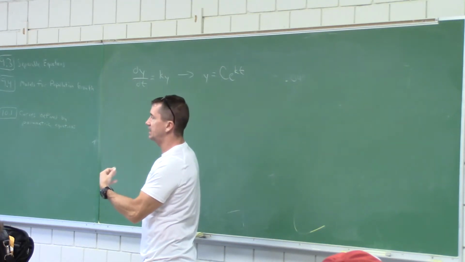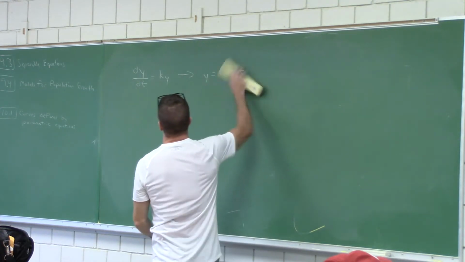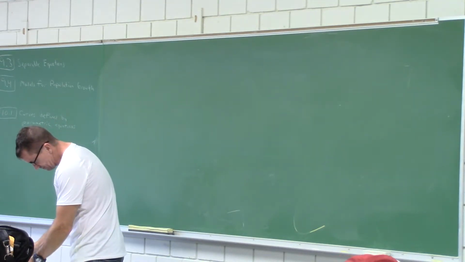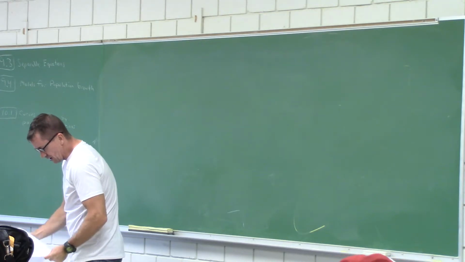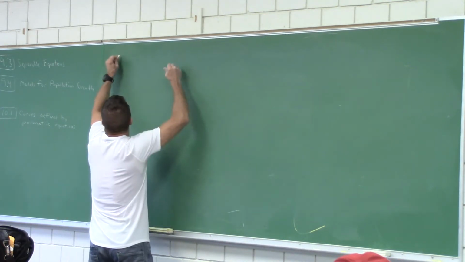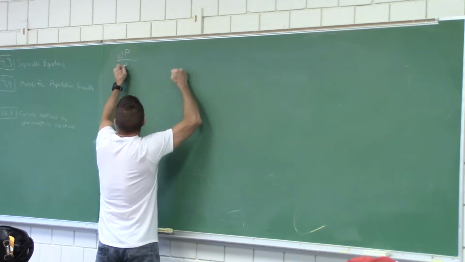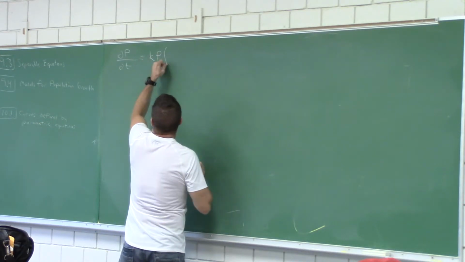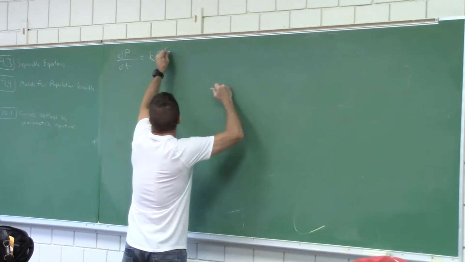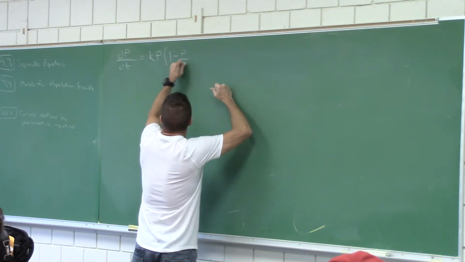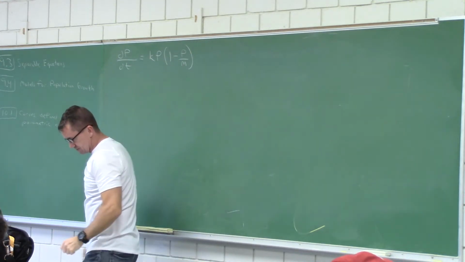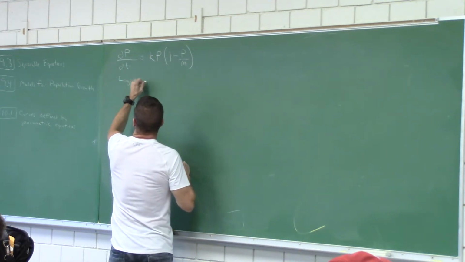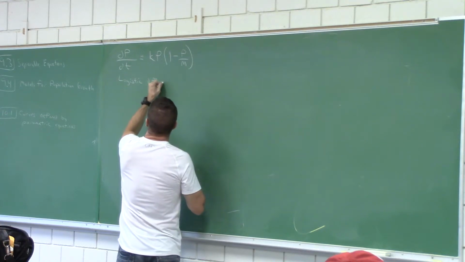And we'll put down what it is, but I want you to help me show what it is. So I'll put this down. Here we go. I'll tell you what this is called. So P is for population. dP/dt equals kP times 1 minus P over M. And this is a logistic differential equation.